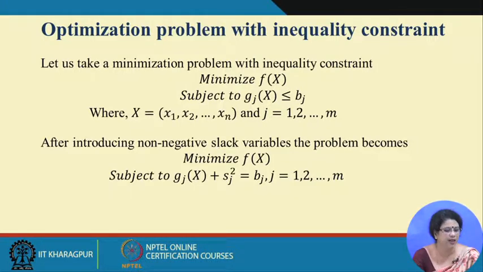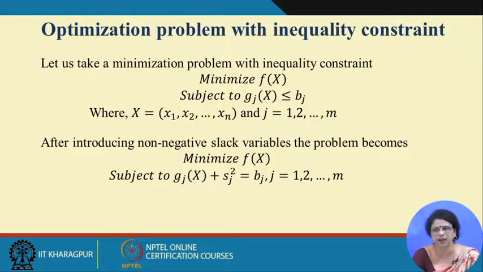You must be guessing that we can handle this problem just like our previous case, where we dealt with the equality type constraint and a nonlinear objective function. We can do the same thing, is it not?